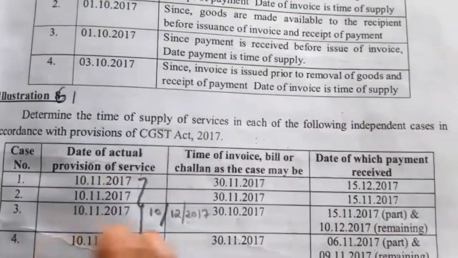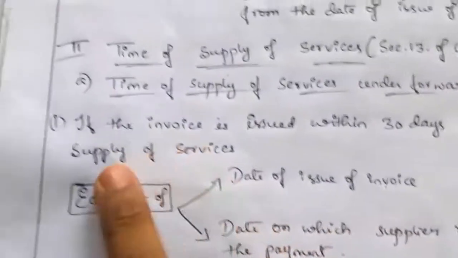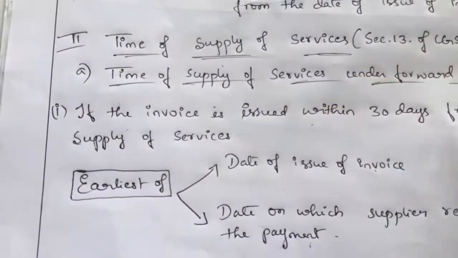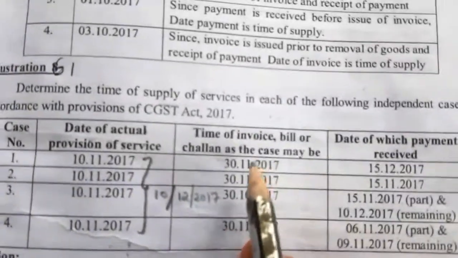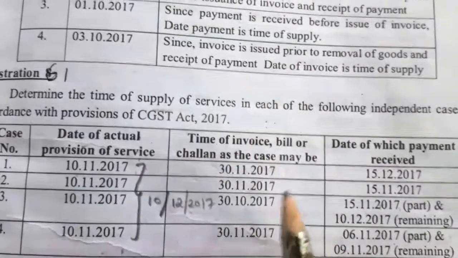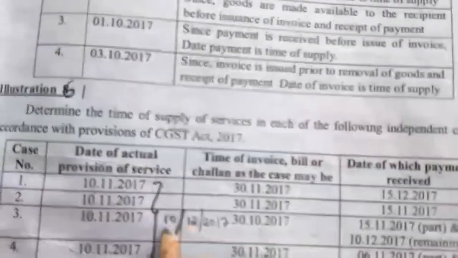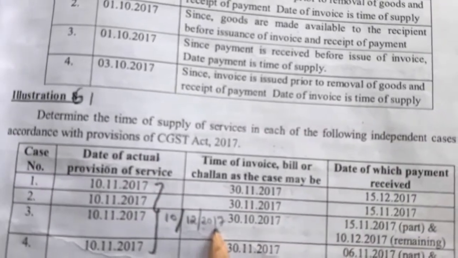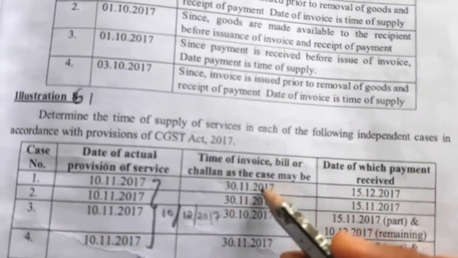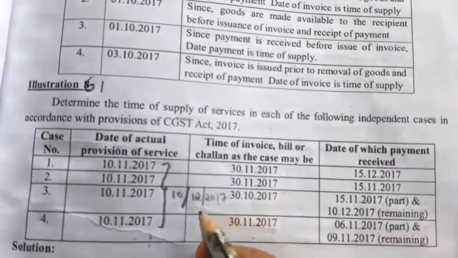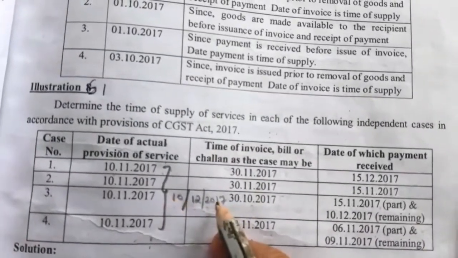Now we have to check whether the invoice is issued within that date, that is within 10/12/2017. We have to check whether these dates are within 10/12/2017.